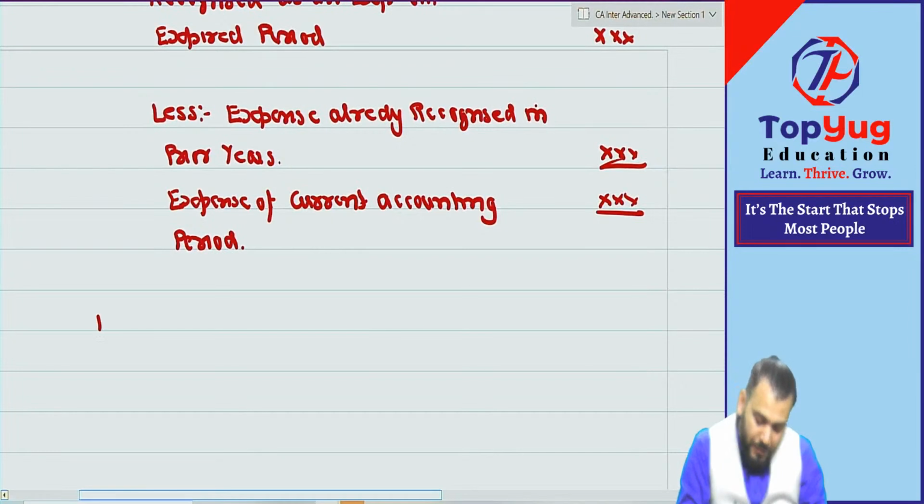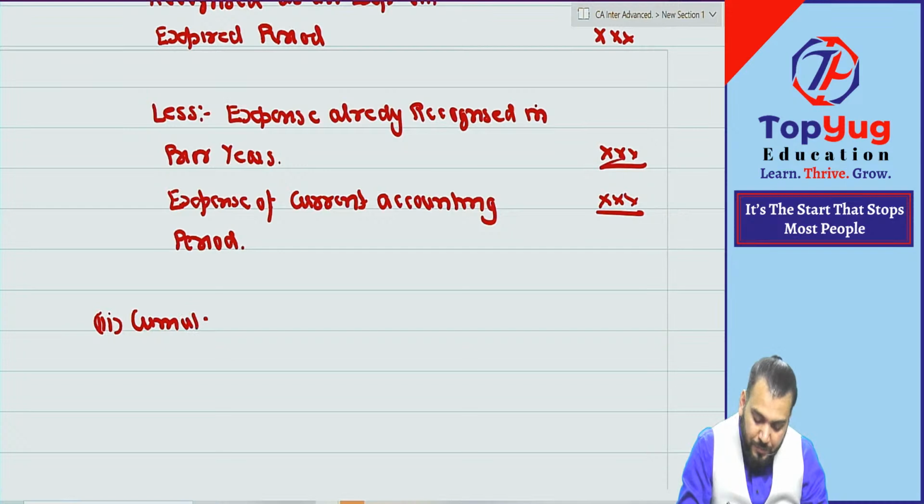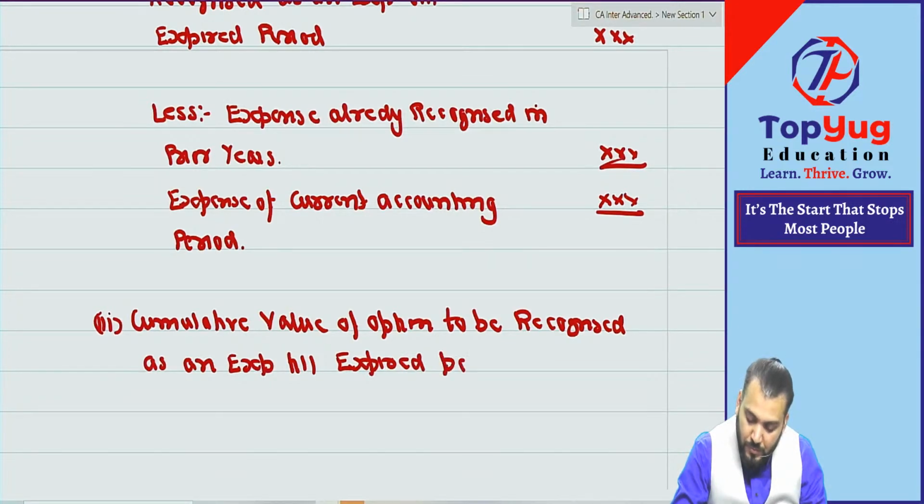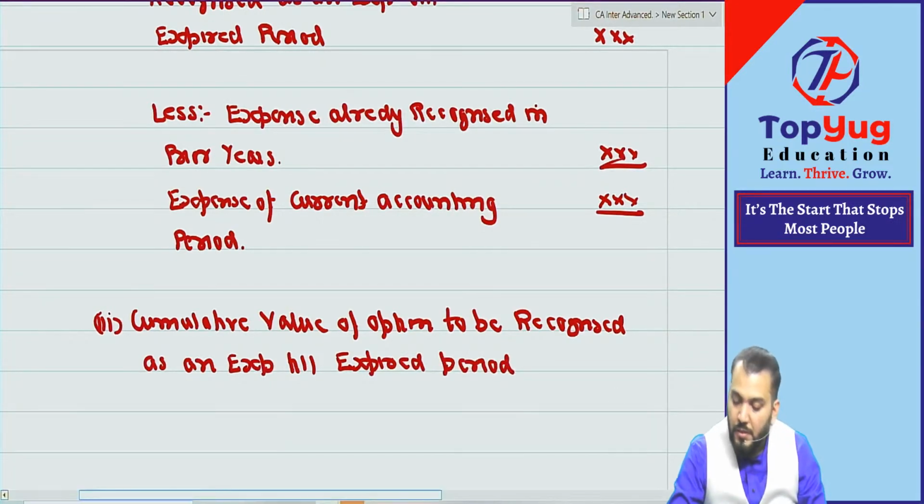Now how to calculate cumulative value? Write down point number 3. Cumulative value of option to be recognized as an expense till the expired period. This we should know how to calculate. It means what?